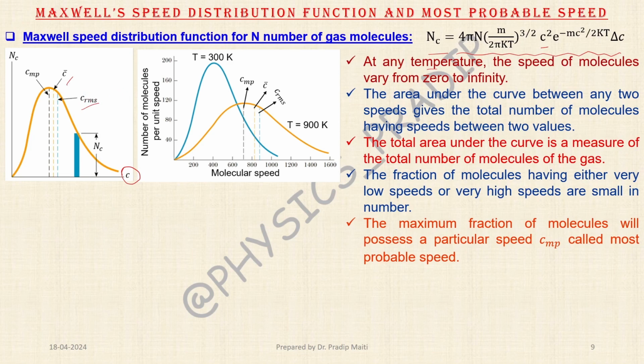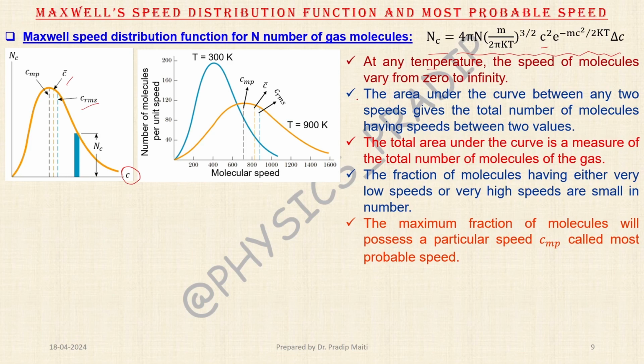So the plot will be like this, and the area under this curve represents the number of molecules. If we increase the temperature of the system, the plot will shift towards the right, towards higher molecular speed, and the plot will be flattened.